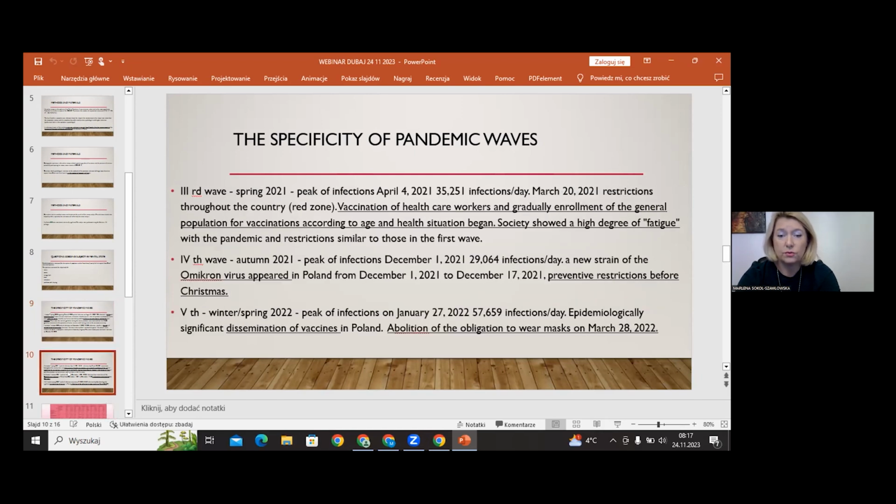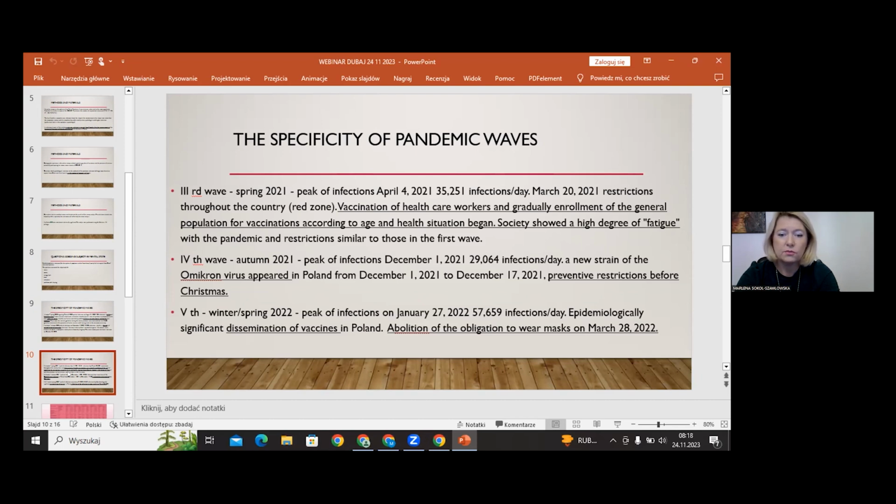The third wave, spring 2021, was really tough for us because we had vaccinations in Poland, but still not for everyone. Healthcare workers and really old people had access, but not everyone in Poland.